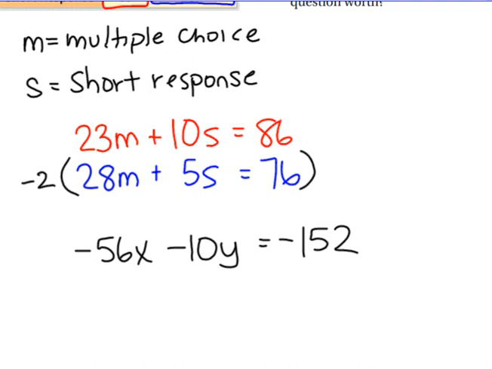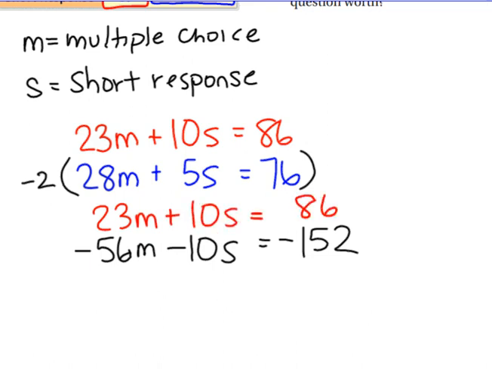And then I'm just going to copy the 23, oops, not x and y, sorry about that. So this would have been M and S. Okay, and recopy the equation for your point values, just like that.